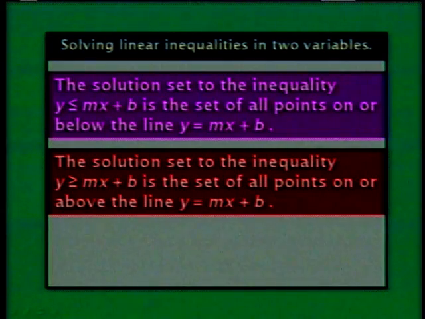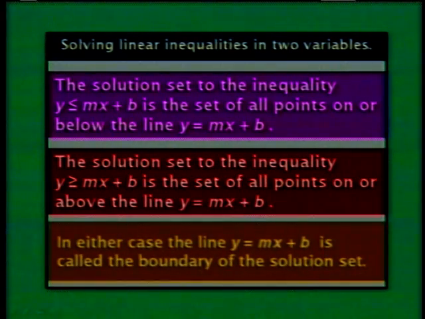The solution set to the inequality y is greater than or equal to mx plus b is the set of all points on or above the line y equals mx plus b. In either case, the line y equals mx plus b is called the boundary or boundary line of the solution set. In these two cases, points on the boundary line are included as solutions to the inequality.